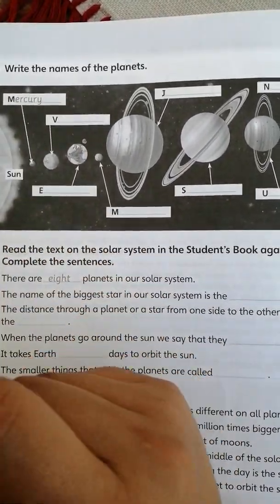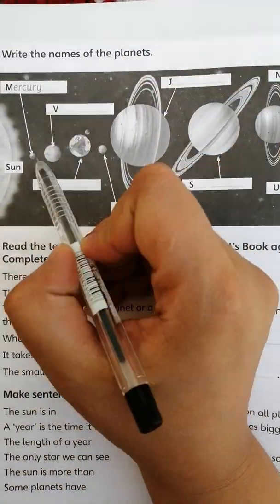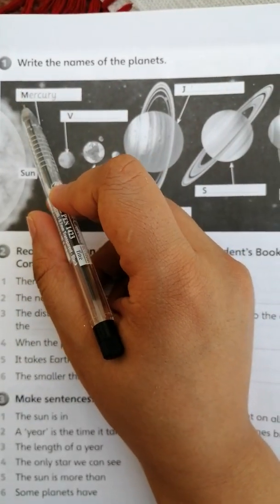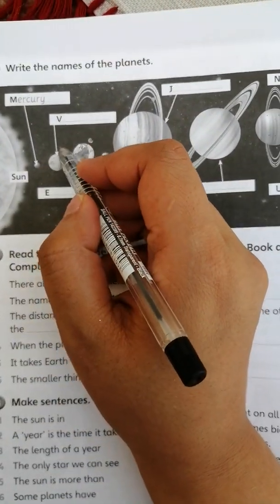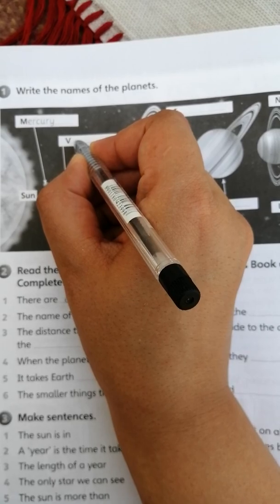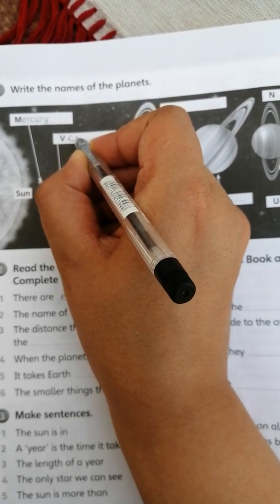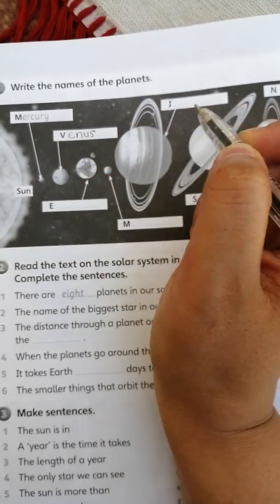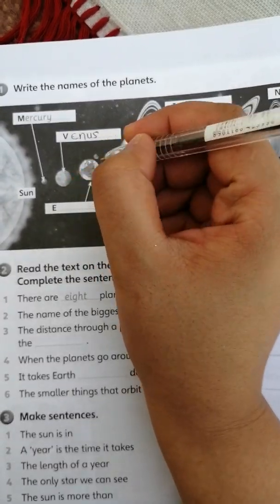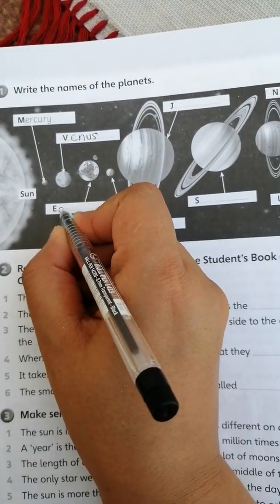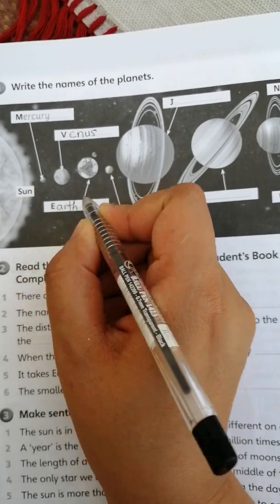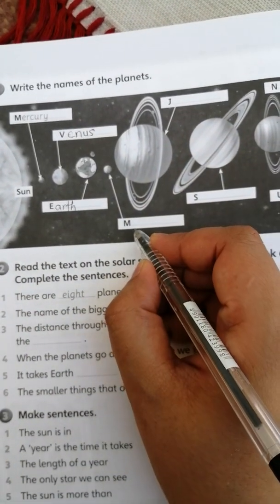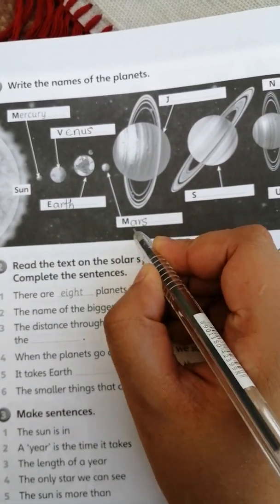The names of the planets, the first one is called Mercury. The second is called Venus. The third, our one, is Earth. The fourth is Mars.